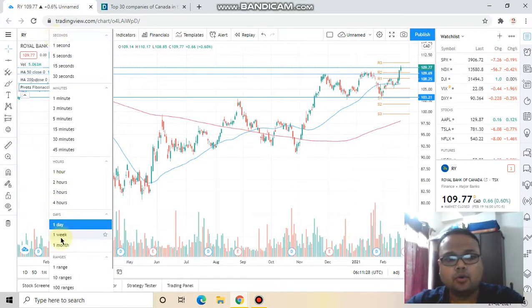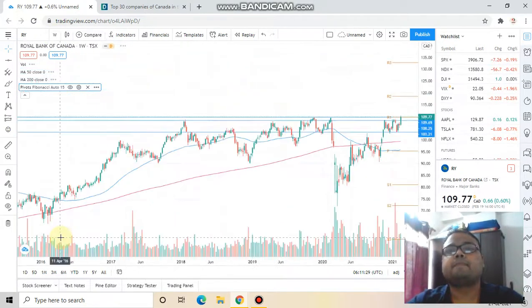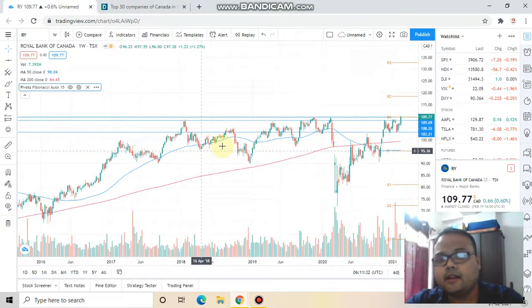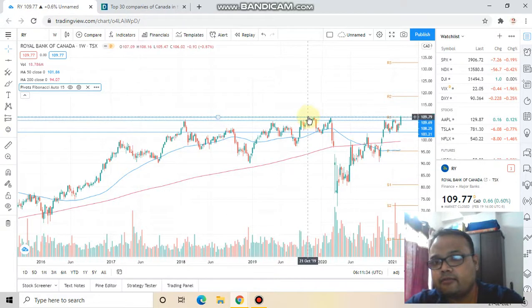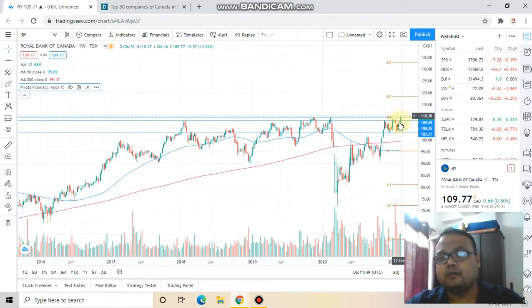Let's switch to the 1 week time frame. See, in the 1 week time frame also there's extreme resistance available at the 109.7 level. If the market reaches this level and bounces from it, then you just need to wait.